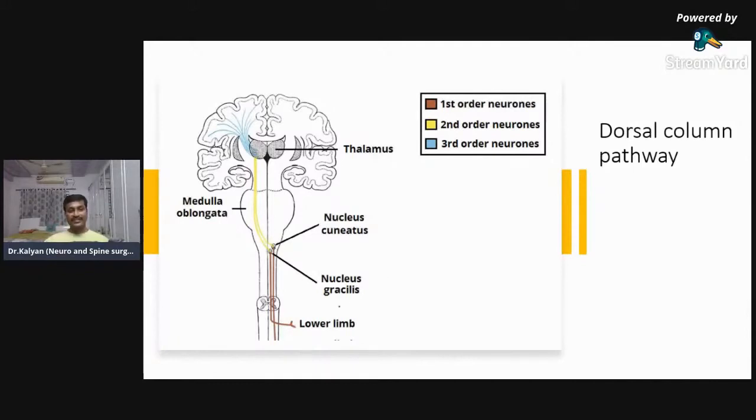The first order neuron runs from the pressure receptors in the periphery and enters the spinal cord through the dorsal column. Within the spinal cord we have the tracts known as the fasciculus cuneatus and the fasciculus gracilis. They are located in the lower part of the medulla.